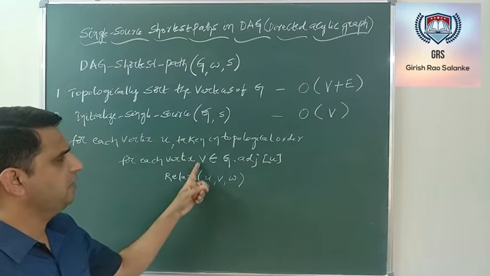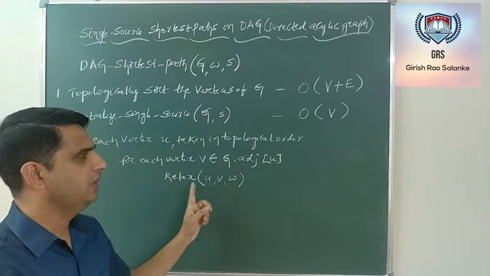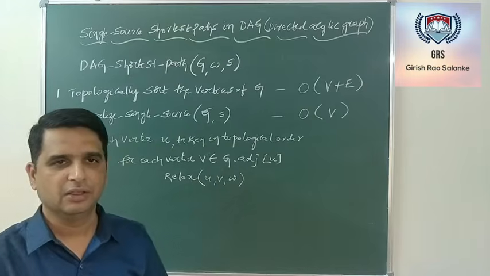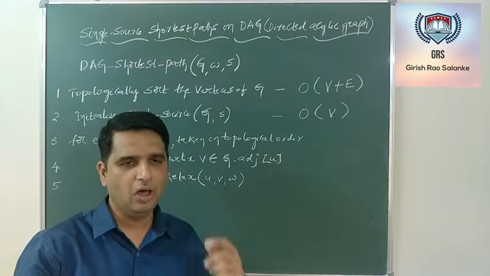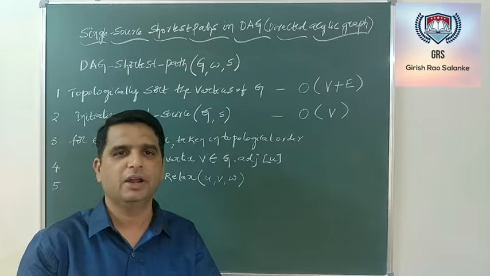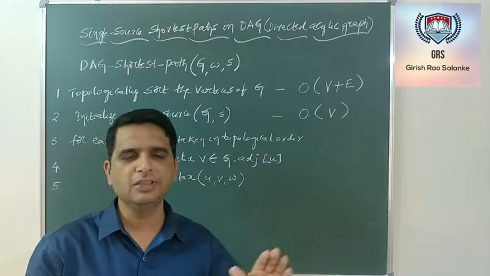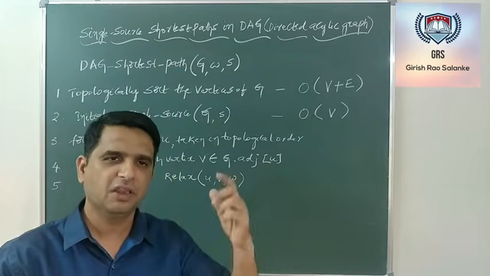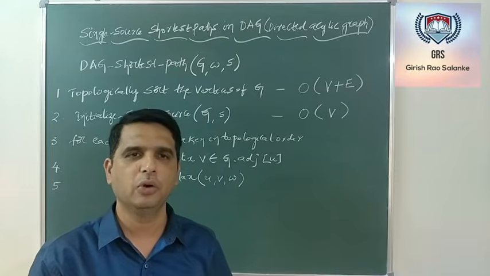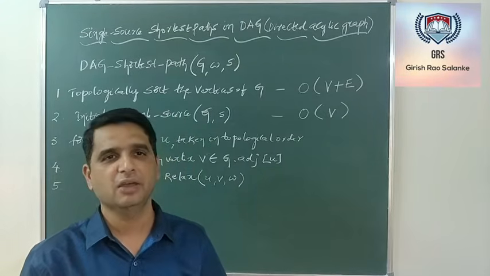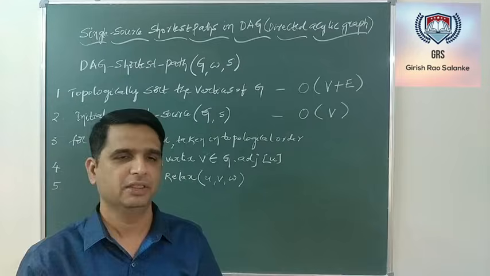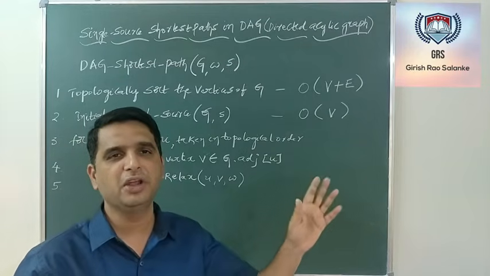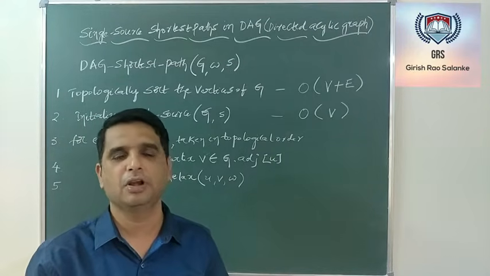For each vertex v which is adjacent to u, you need to do relaxation. Generally, for all the vertices in the topological order, if there is an outgoing edge, in the worst case, we do v square operations. That means the time complexity is v into v minus 1 by 2, which is nothing but v square.